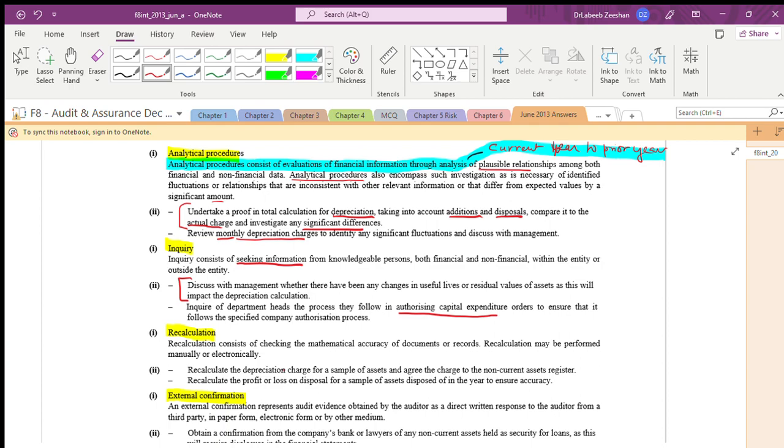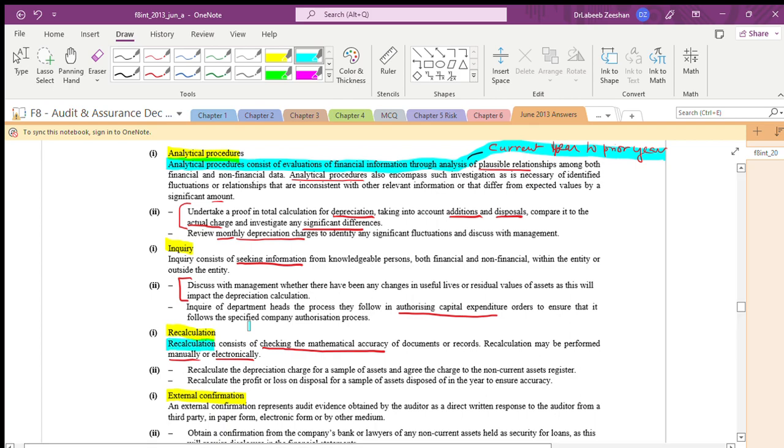Any disposals, we will recalculate again to ensure the accuracy of the profits or losses. Depreciation, we will recalculate to make sure it has been correctly calculated. Recalculation is nothing but checking the mathematical accuracy. It can be performed manually or electronically.